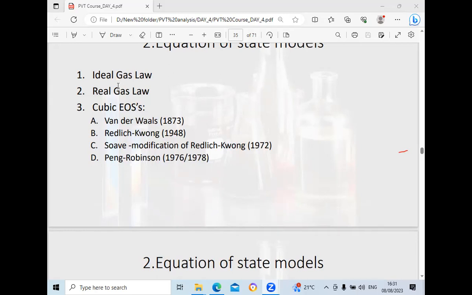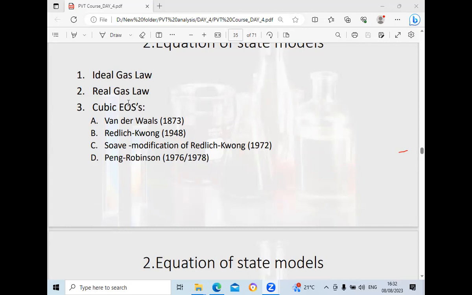Beyond that, it can no longer behave in an ideal manner, so it behaves like a real gas. So we have to measure the deviation of this gas from the ideal situation. That is going to bring in another concept which we call the gas compressibility factor, which you must have heard in class.